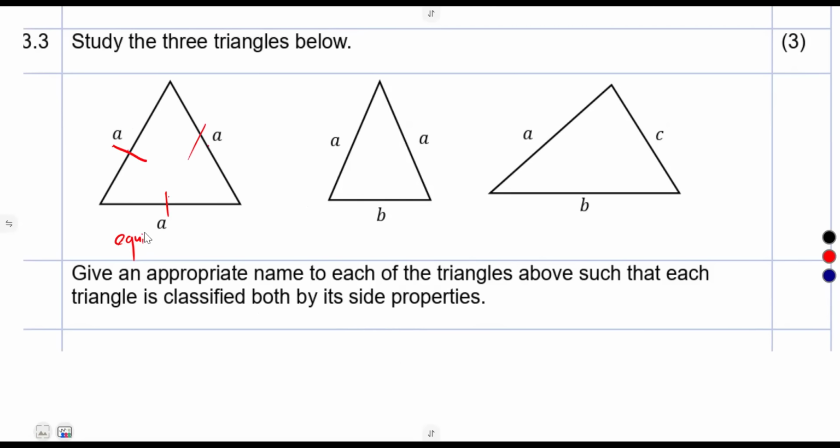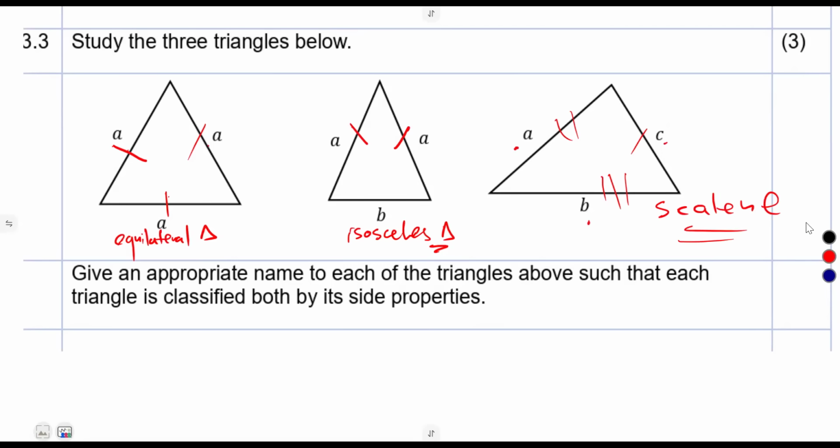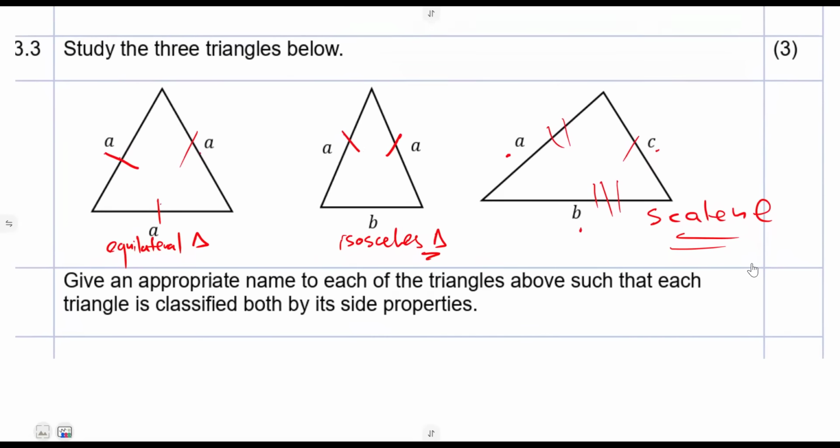An equilateral triangle. Here it's A, this is A, so these two are equal. This is B, showing that it's different from these two. So these two are the same. That's what? An isosceles triangle that we have there. This is A, this is B, this is C. Everything is totally different. So that's a scalene. All sides are different. That is it.